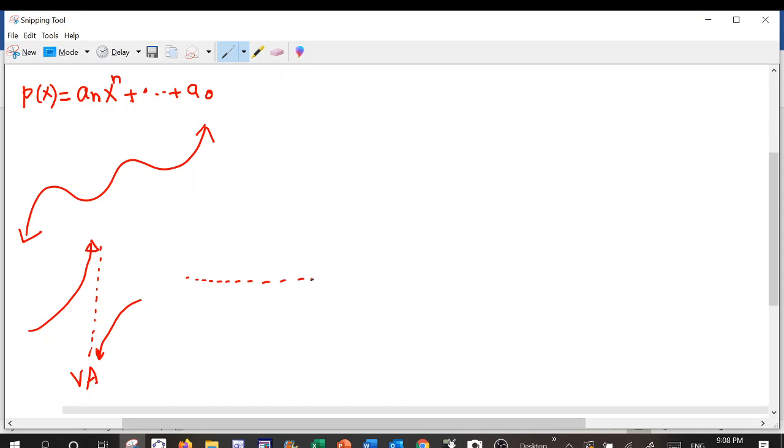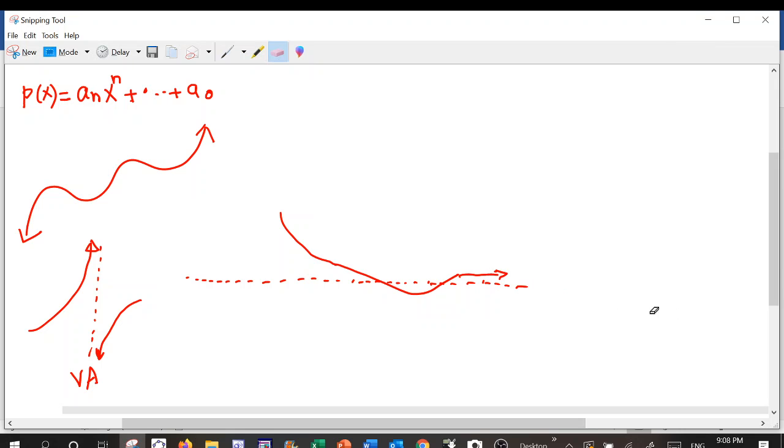Or you don't see anything like this. When we have a straight line, and then the graph approaches this line, it might actually cross it. Maybe it crosses it again, right? But eventually it's going to approach this line.